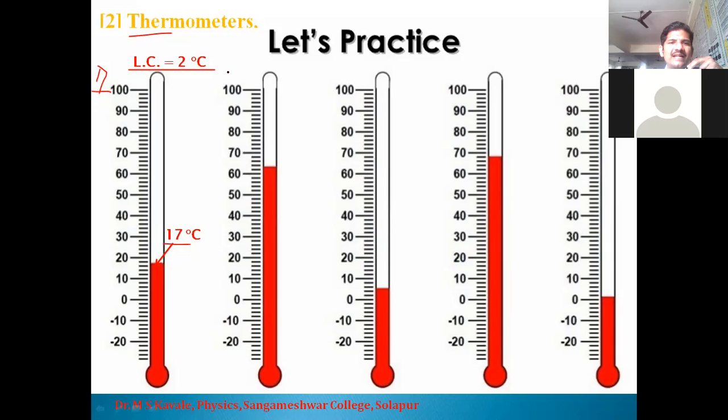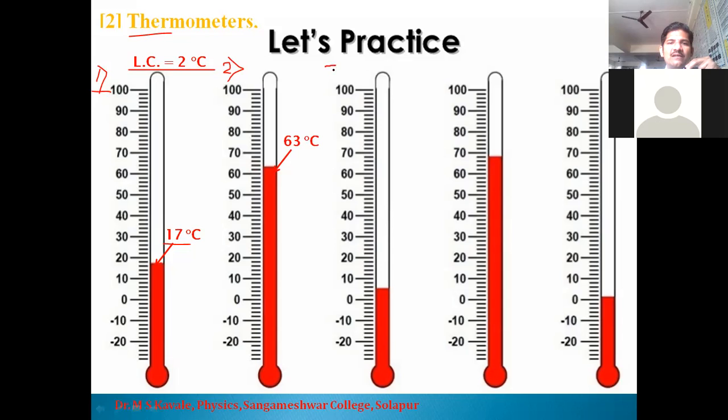Now in the second case, the temperature measured by this thermometer is 63 degrees Celsius, because the mercury level is just above the 62 and just below the mark of 64.